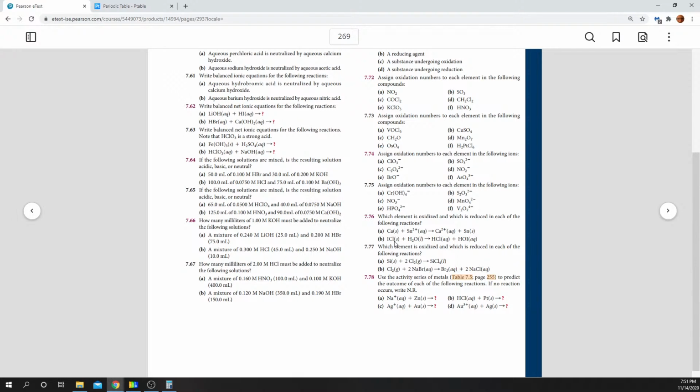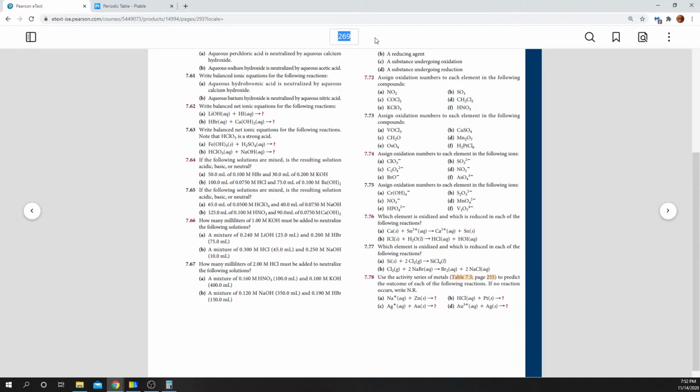Weird. Okay, so I'm going to go ahead and assume that iodine and chlorine are going to be 0 each in the ICl, iodine chloride, iodine monochloride. And therefore, chlorine is being reduced to 1 minus, and iodine is being oxidized to 1 plus.